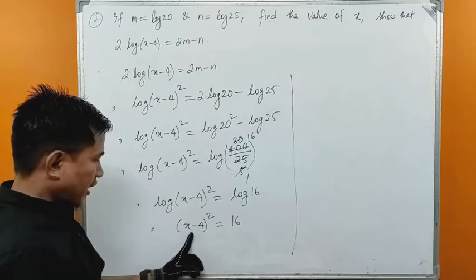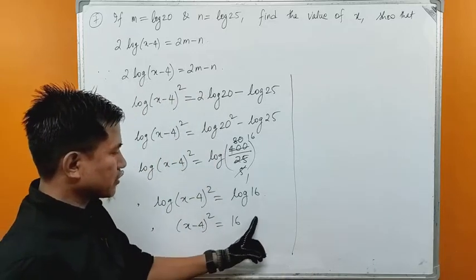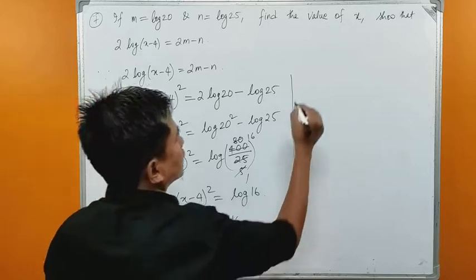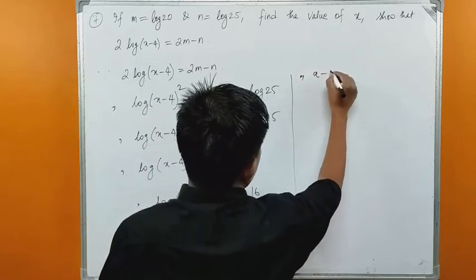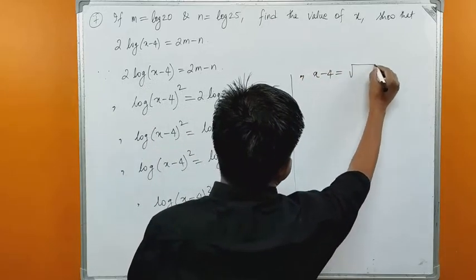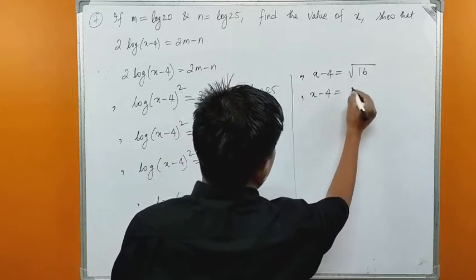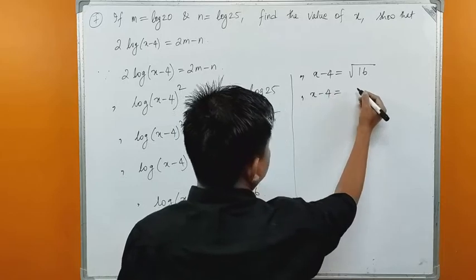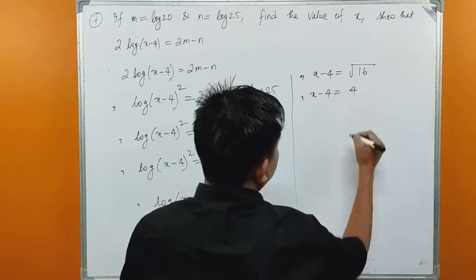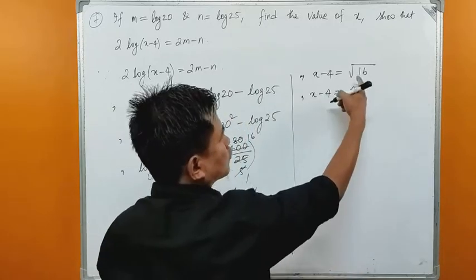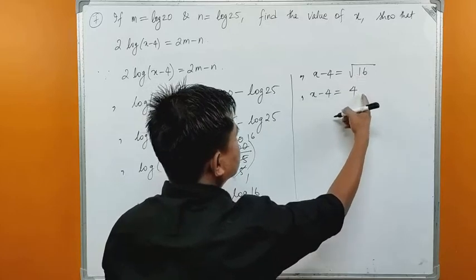Now the square goes to the right hand side and becomes root under, isn't it? So x minus 4 equals root under 16, which means 4, since 4 4s are 16. Square root of 16 is 4.